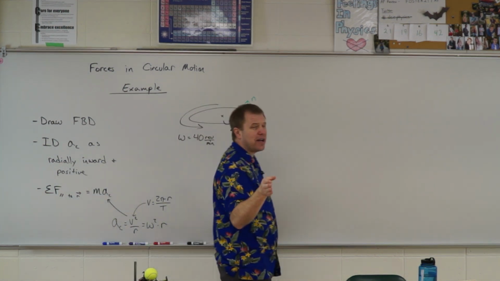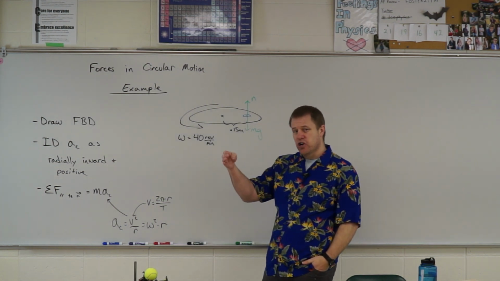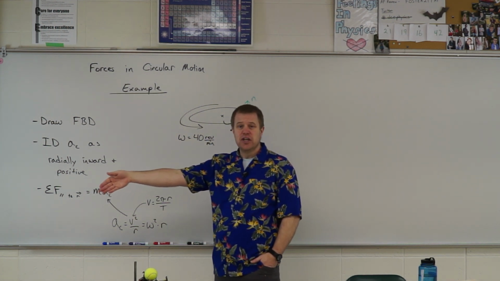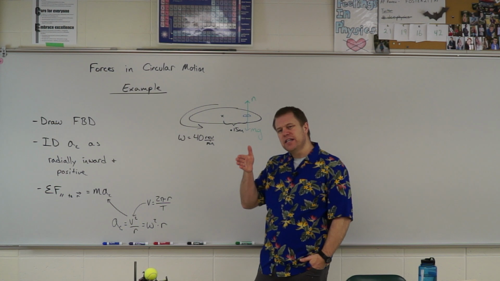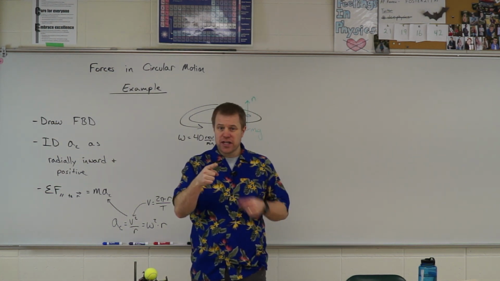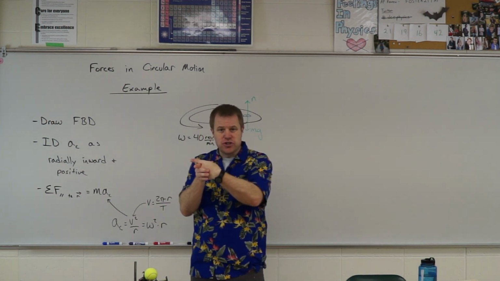If I think about a car, if I'm driving down a road and it takes a turn, if there's no friction, I'm going to go in a straight line into the ditch. So friction allows me to turn the corner. Whenever the force is perpendicular to that velocity, it's going to cause it to change directions.